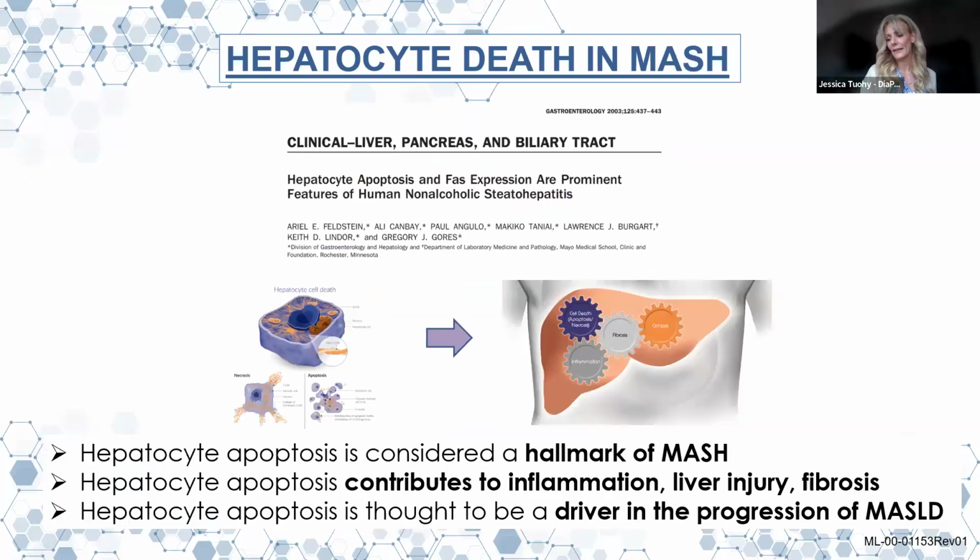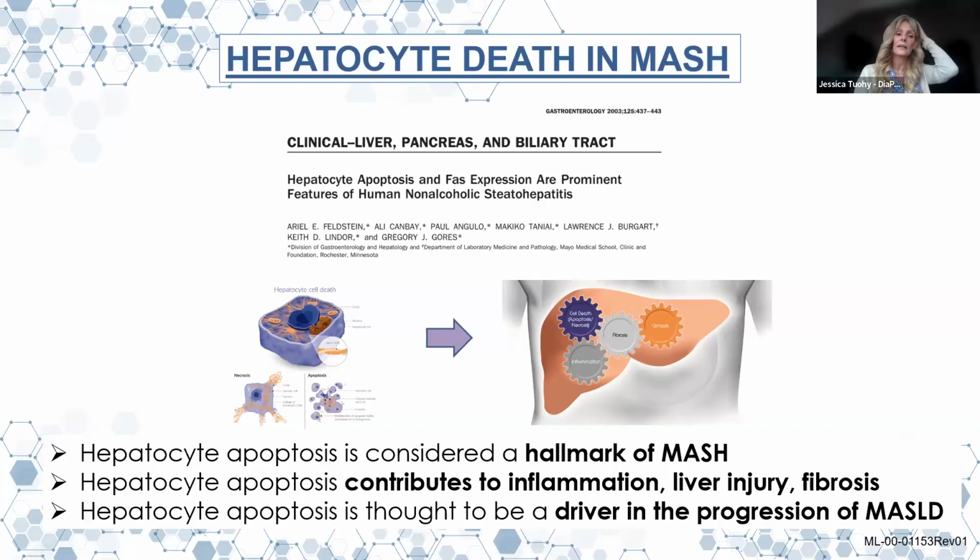What does hepatocyte death have to do with MASH? About 20 years ago, Feldstein and colleagues observed that hepatocyte apoptosis is significantly increased in individuals with MASH, and that the extent of apoptosis correlates with disease activity. When you get excessive accumulation of fat in hepatocytes, it can cause ER stress and mitochondrial dysfunction, and this can lead to hepatocyte apoptosis.